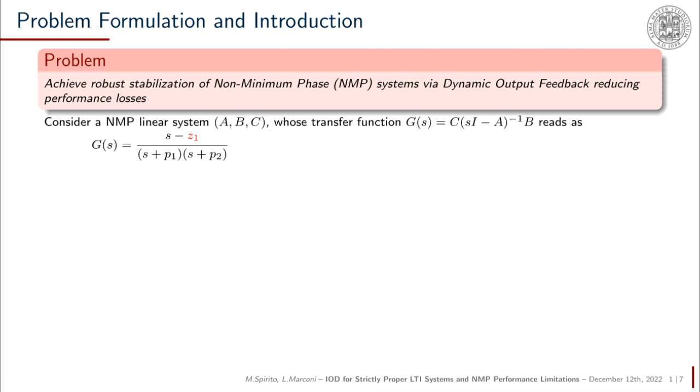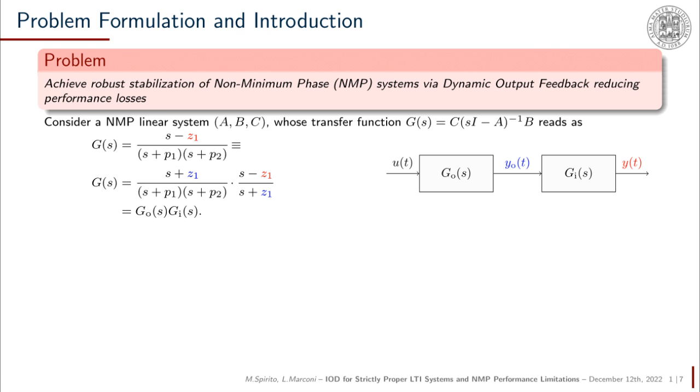We can always extend such a transfer function by adding a stable pole-zero cancellation, thus introducing two new dynamics. In particular, we consider this stable pole-zero cancellation.